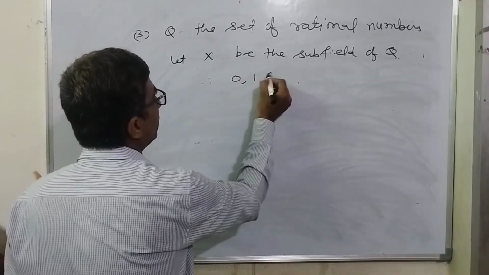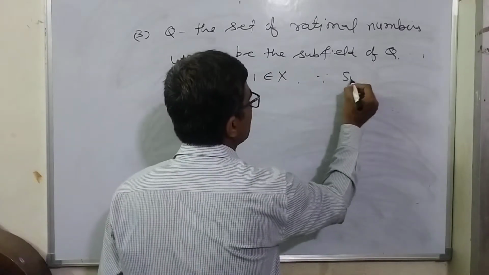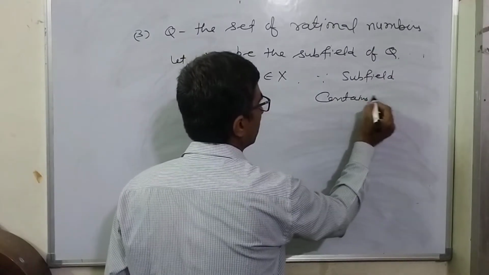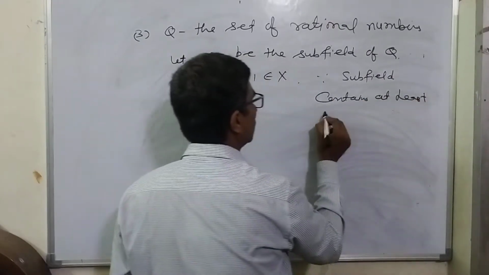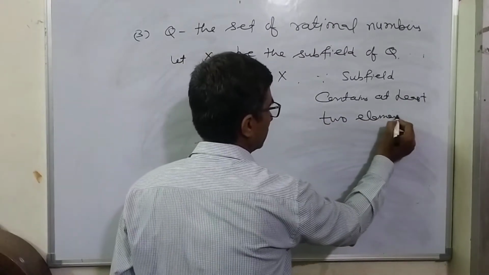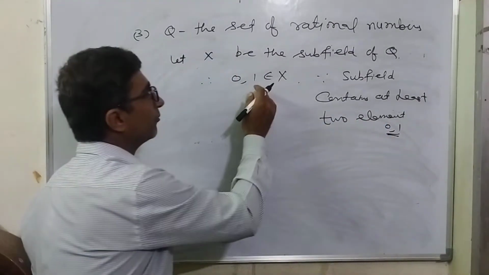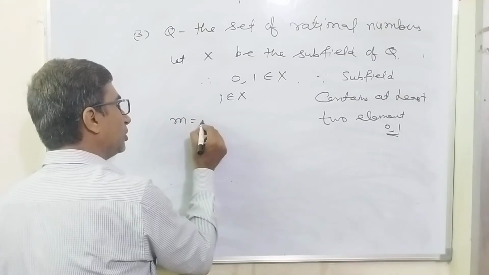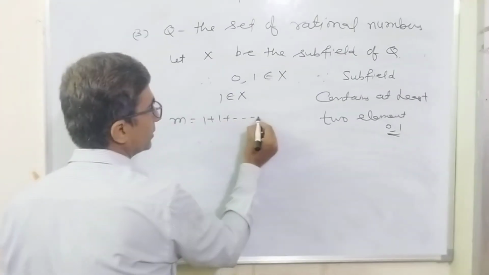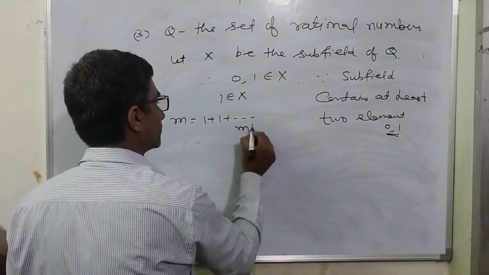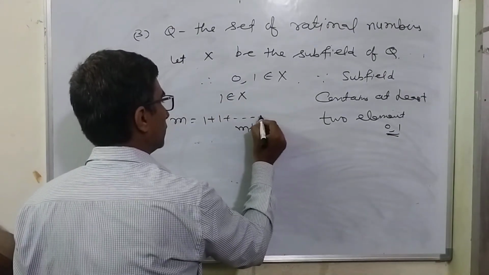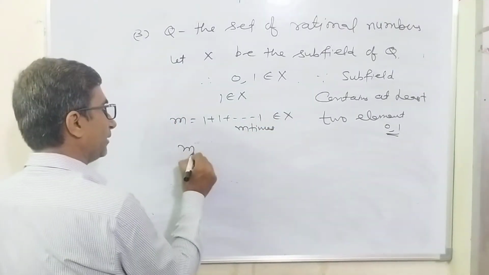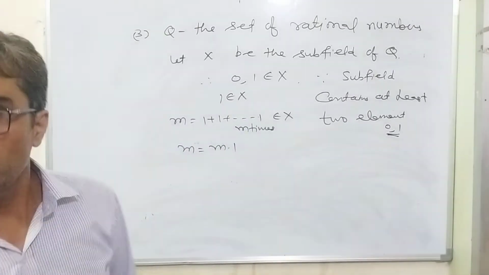Therefore, 0 and 1 belong to X. Therefore, 1 belongs to X. And m equal to 1 plus 1 plus 1, m times, also belongs to X because we can write it as m multiplied by 1.